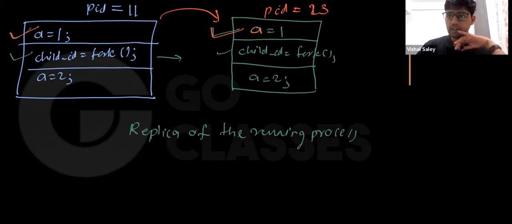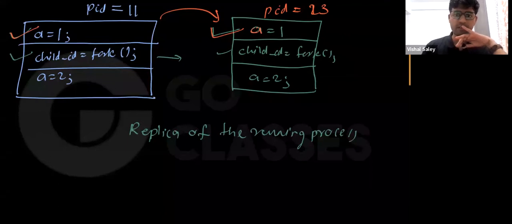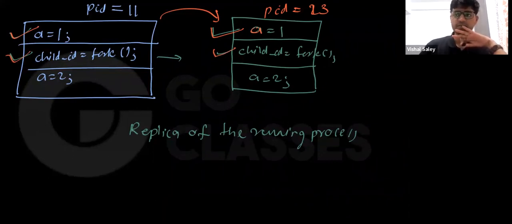Does the newly created process continue execution from the third line? No, it will continue execution from the second line, because for this process the execution was not complete. Both of the processes will start executing from the second line. It means A equal to 2 has not been executed in both. Correct. So everybody understood this, right?